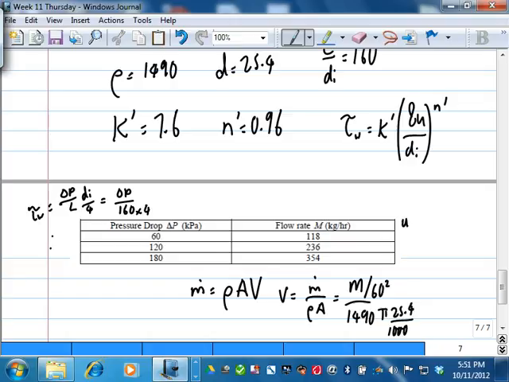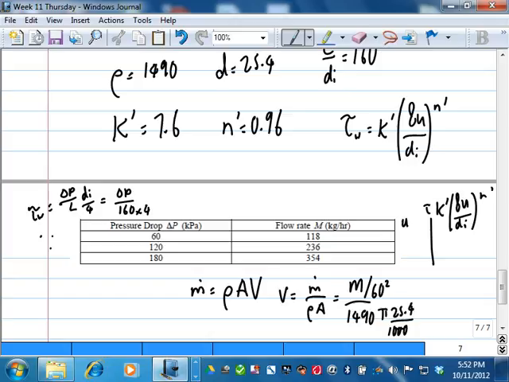And then after that, here you find K prime 8U over Di to the n prime. If this value agrees with this value, then we are good. If not, then it's not good. Basically, here I'm finding the shear stress on the wall based on pressure drop. Here, I'm finding the shear stress on the wall based on the relationship K prime, 8U over Di, n prime.